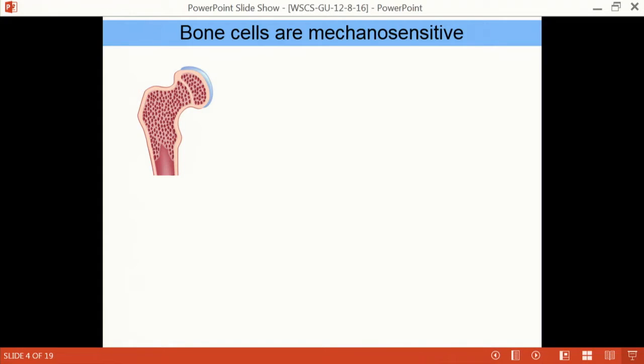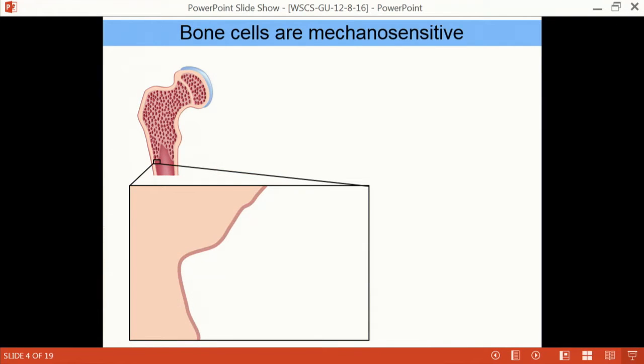So this ability of bones to adapt to these mechanical challenges comes from bone cells themselves. And if you take a cross-section of a bone, you will see there's a cortical bone, trabecular bone, and a bone marrow. And if you take a closer look, you will see a number of populations that are responsive to mechanical challenges. One of them is osteoblasts. They are the cells that actually make bone.